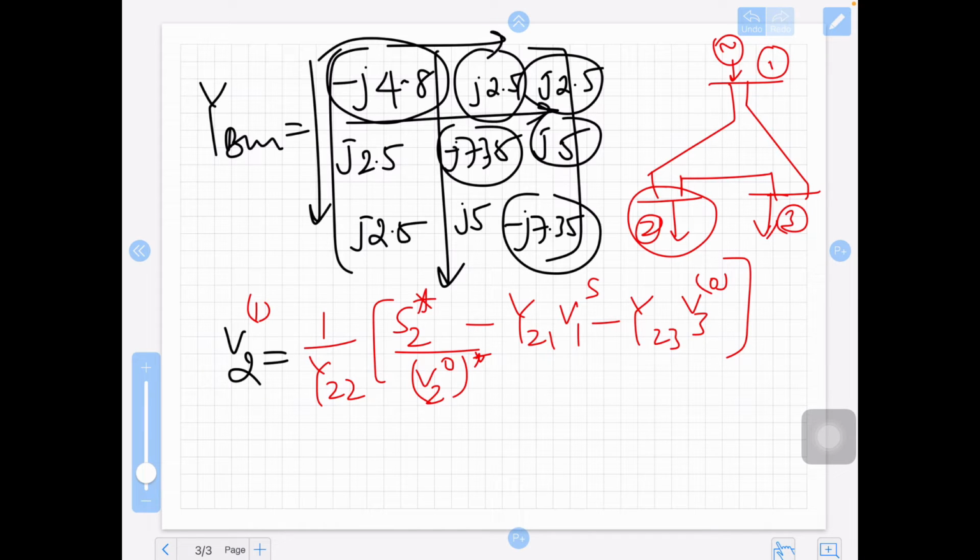This is the formula we have to use for finding the voltage at the second bus.